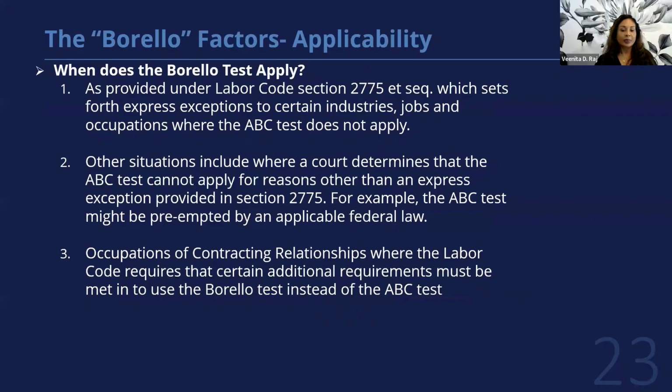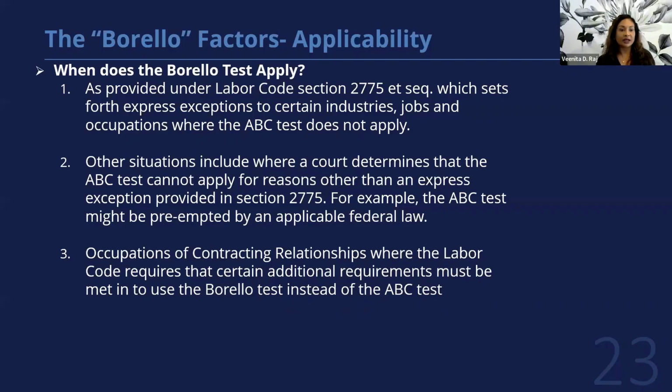Next slide, please. As Yaron mentioned, there are exceptions to the ABC test, which is codified in the Labor Code. So the Labor Code sets forth express exceptions and lists the occupations where the ABC test does not apply and the Borello test applies. Then there are other circumstances where the court may determine that the ABC test cannot apply for reasons other than what's expressly stated in the Labor Code.